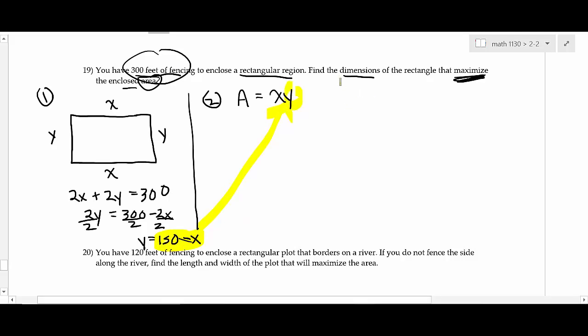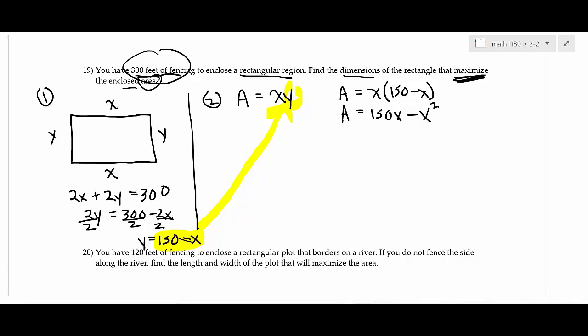What you end up with is the function A equals x times (150 minus x). If you multiply that out, you have 150x minus x squared. That is a quadratic function, a parabola opening downward, correct? So we're going to put that in our graphing calculator to figure out the problem. Is everybody okay with what I did so far?